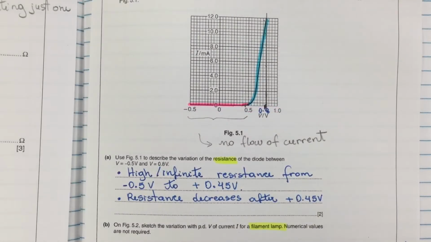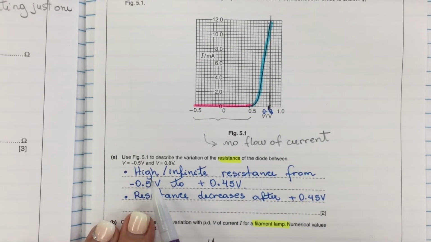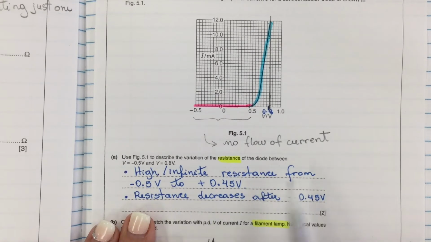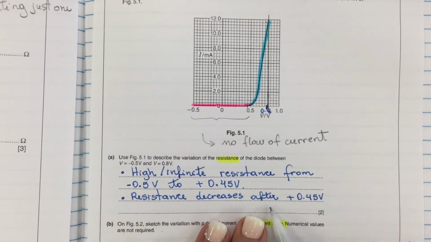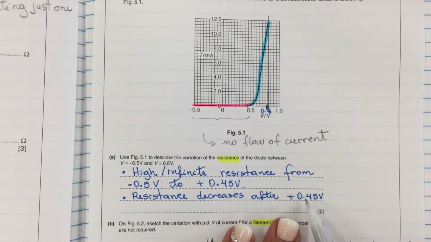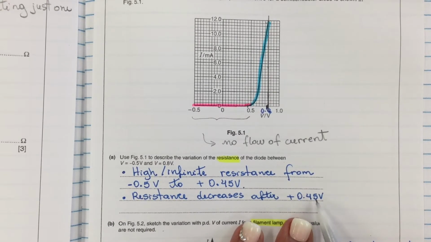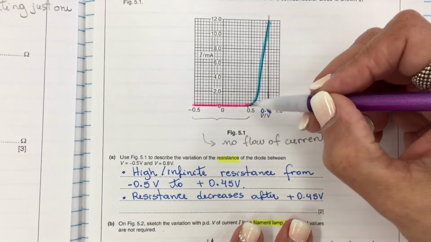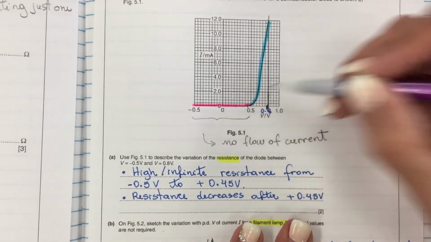So how to answer this question? You can say high or infinite resistance from negative 0.5 volts to positive 0.45 volts. The next one, you can say the resistance decreases after positive 0.45 volts. You can see that by the increase of the current.